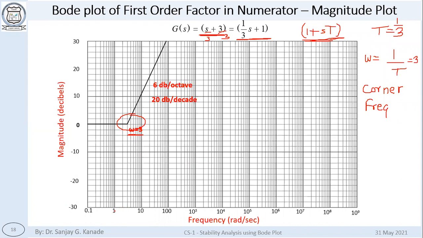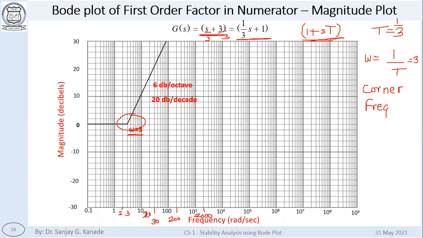So if this is 1, this is going to be 2, this is going to be 3, this is going to be 20, this is 30, likewise. Similarly, this is 200, this is 2000. Okay, this is the logarithmic scale. That's why it is like this.